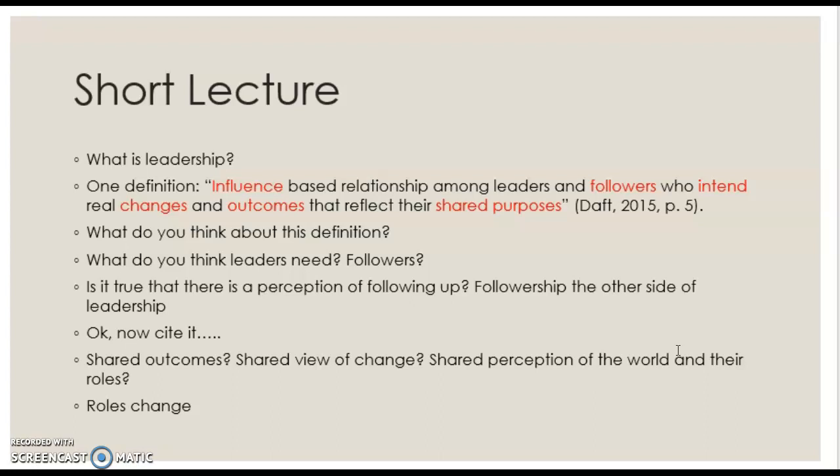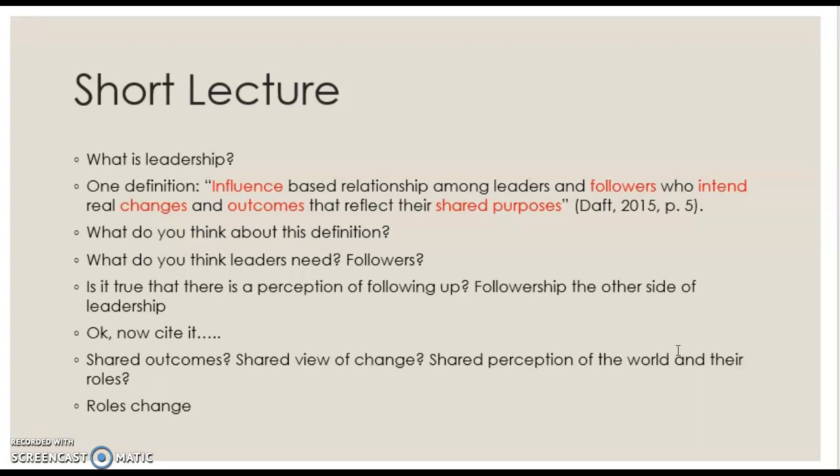You are looking to make changes and outcomes that reflect shared purposes. Remember, leaders don't have specific duties, but rather to eliminate all the obstacles in the path of their followers so that they can do the work. That's an incredibly important thing. When you look at this definition, think about if it means anything to you.